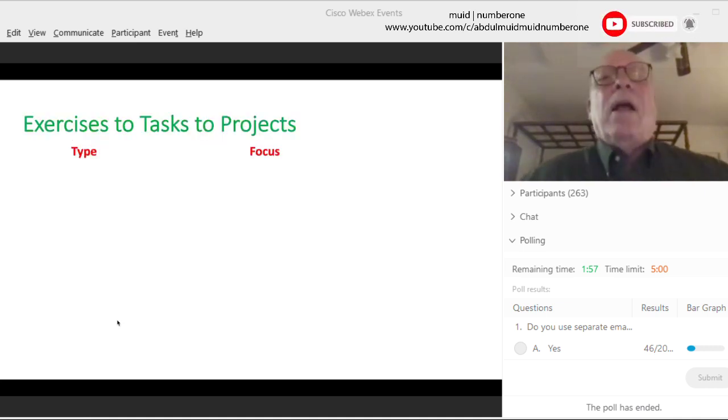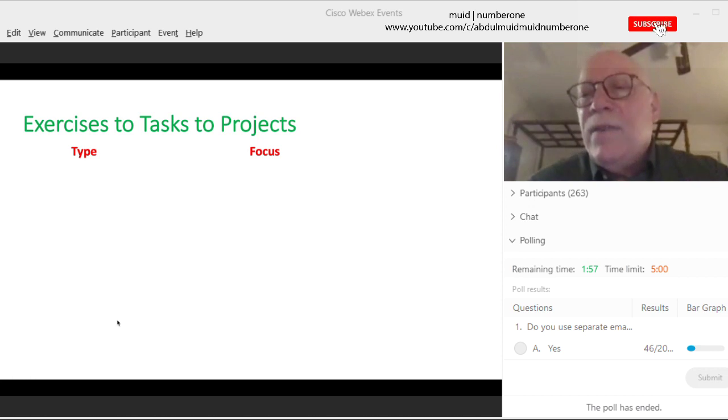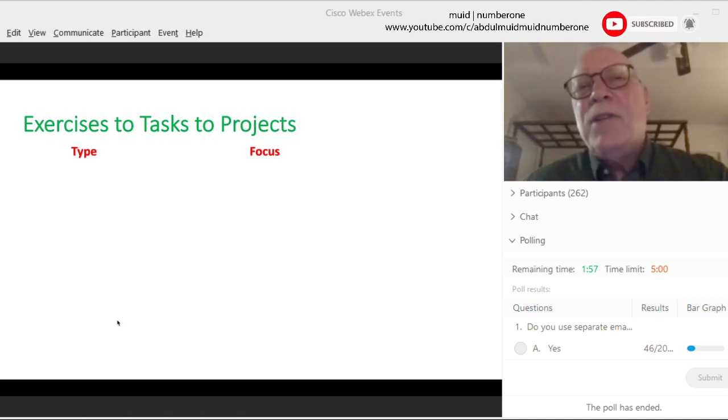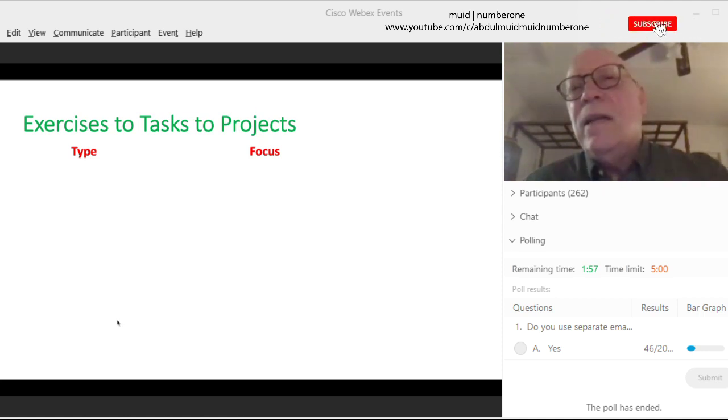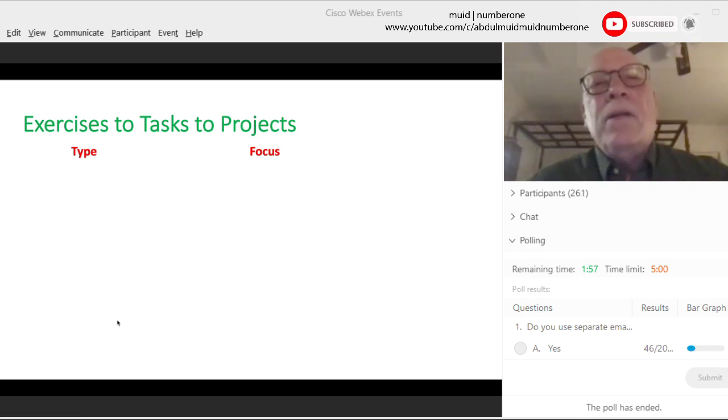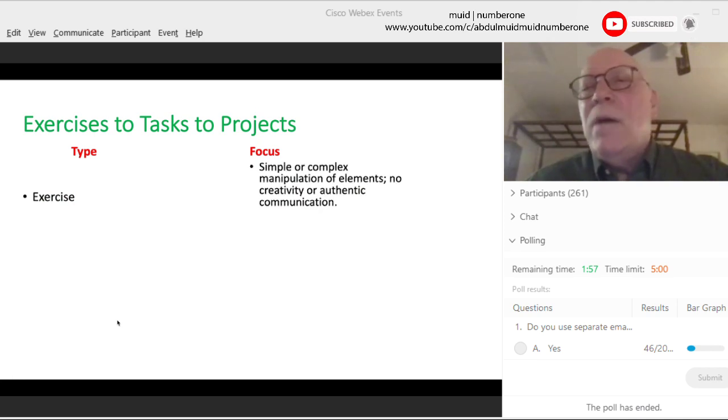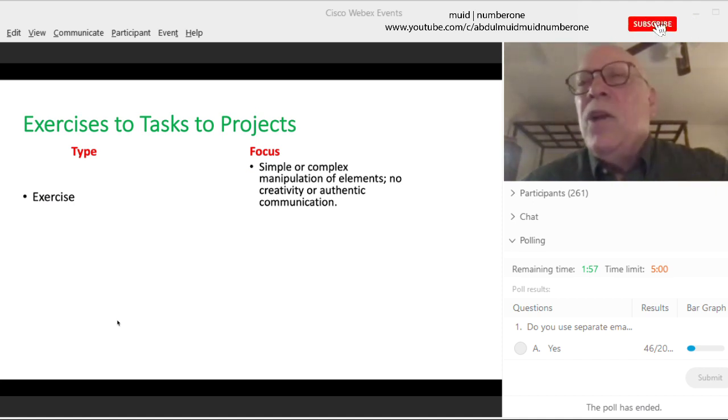So, there are different types of things that you can give your students to do. So we want to look at the differences between an exercise, task, and project. So exercises. These are what most teachers do because they're simple, they're easy to grade, they're easy to create, they're easy to hand out. Students can do them.